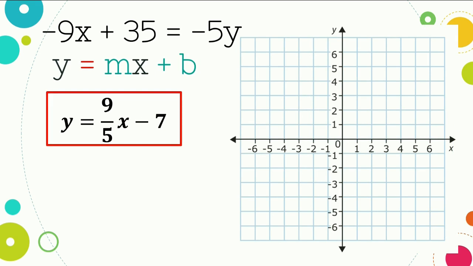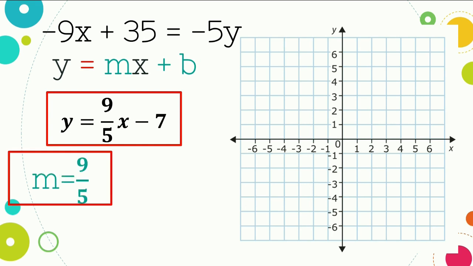If we graph it, we will obtain our slope as 9 over 5 and our y-intercept as negative 7. So, the first thing we graph is the y-intercept, which is negative 7.